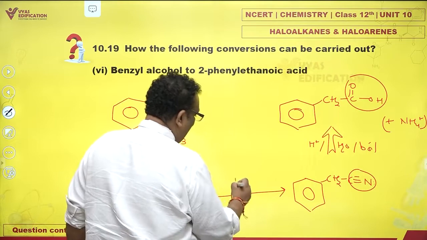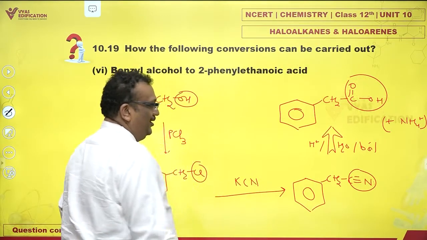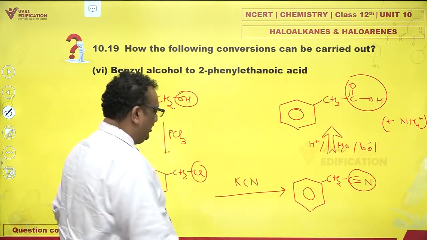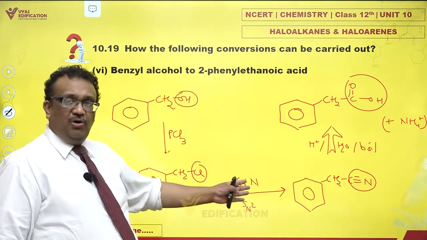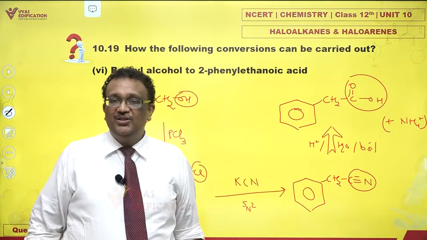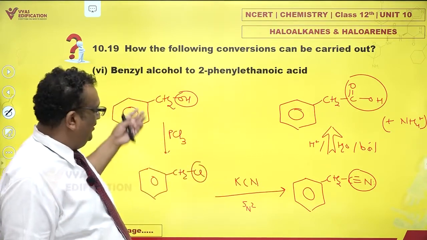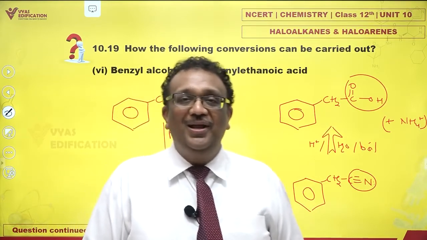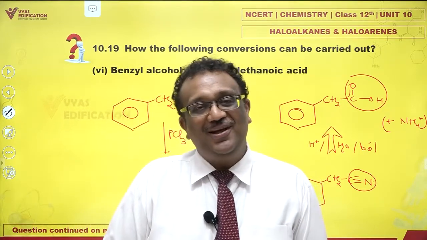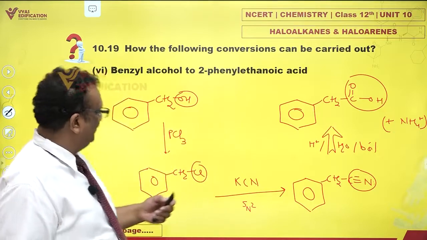Let's not be ashamed. Simply add potassium cyanide. SN2 attack, classic substitution, very easy and very beautiful. Potassium cyanide is a strong nucleophile, so chloride changes to cyanide. 3 steps. Add PCl3, potassium cyanide, followed by acid and boiling, and you get your desired product. This is the method.